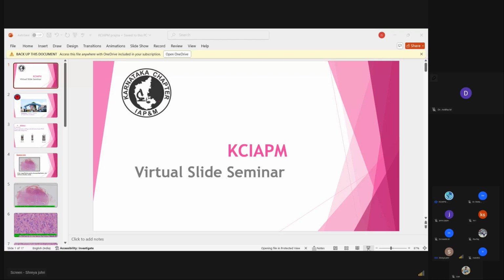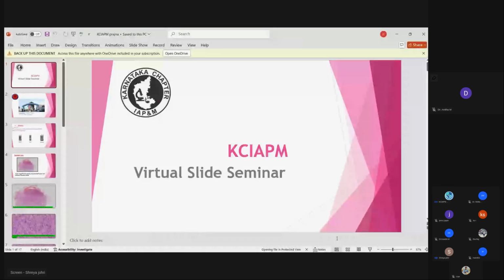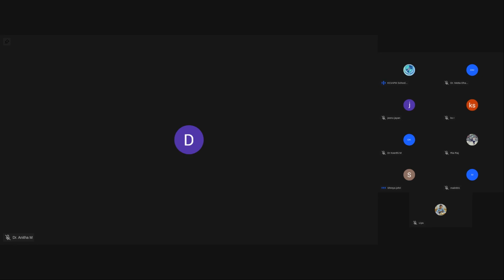Please share the entire screen. Stop sharing and click on entire screen. When you click on share, you get three options: Chrome, window, and entire screen.